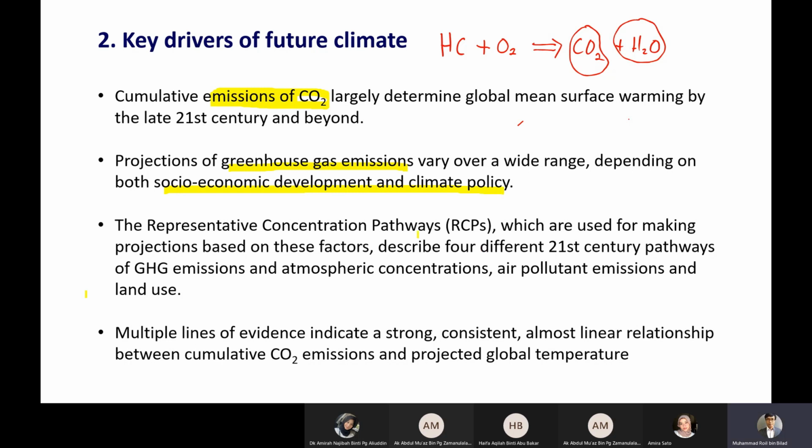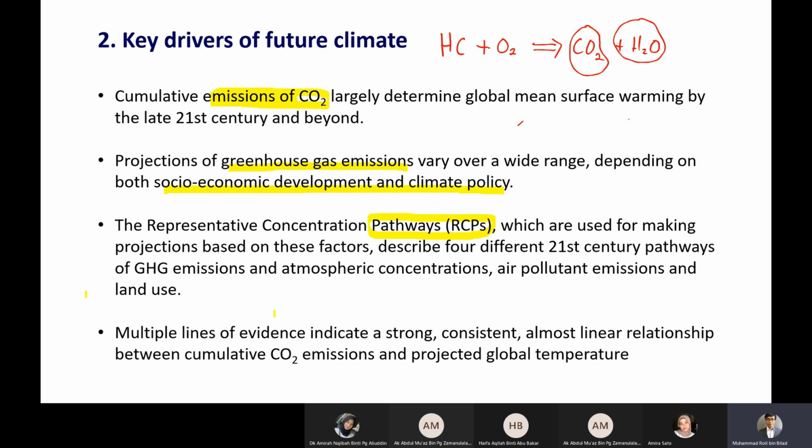There are many pathways that have been proposed. For example, countries make a commitment of what to do with their CO2 production and so forth. And then you will see later on in the slides that a different path will lead to a different future. We'll have the projection of the future.